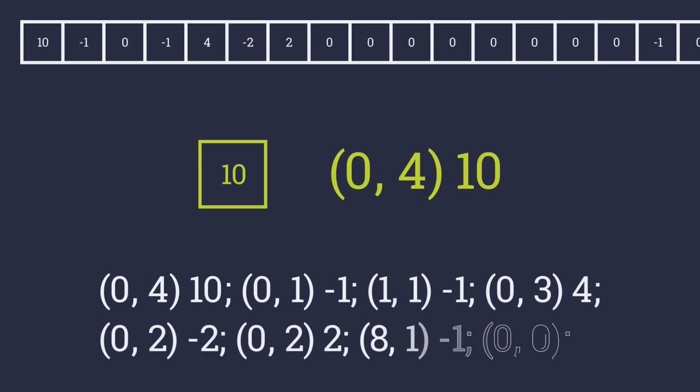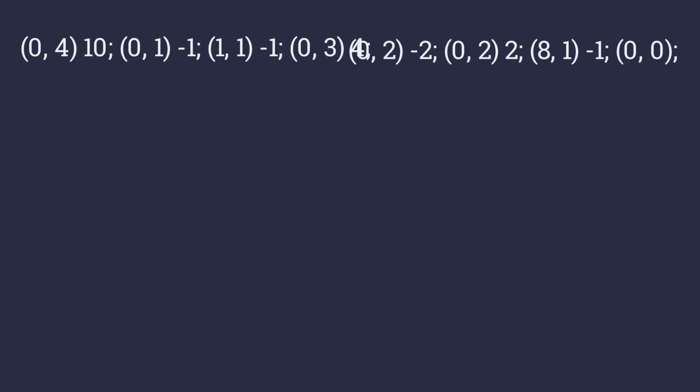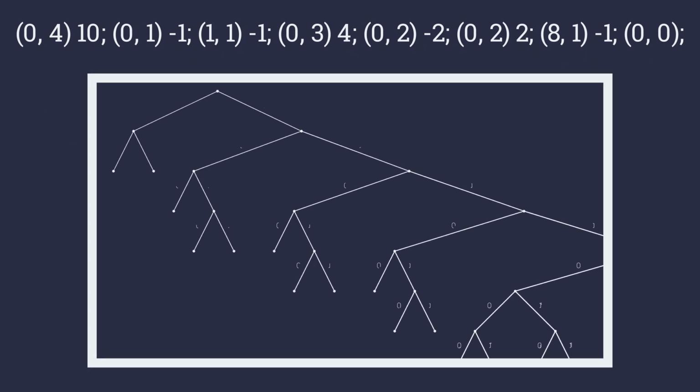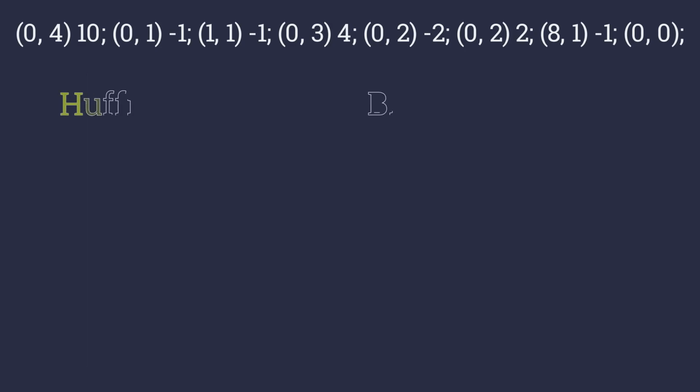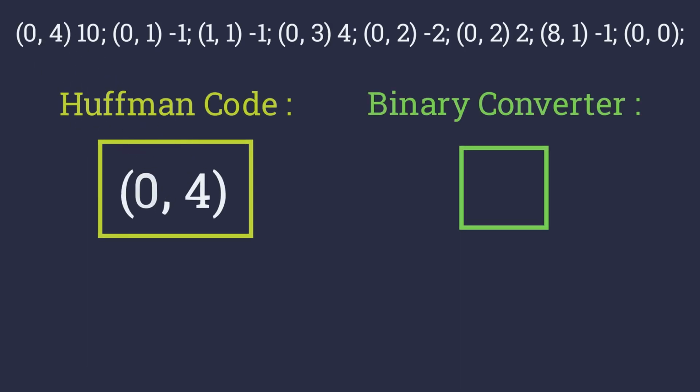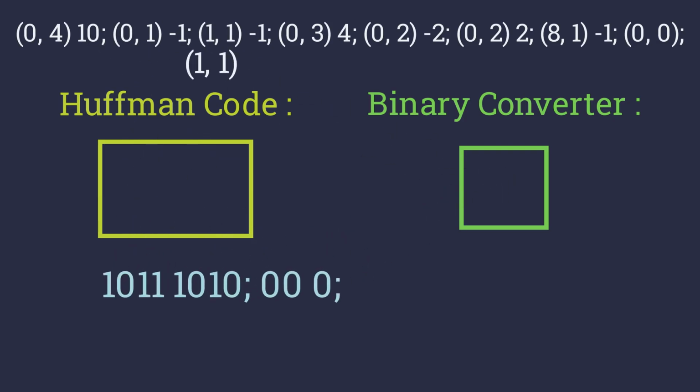Now we convert this into binary representation using, you guessed it, the Huffman coding. You can find such a table with all the possible code values in any implementation of a JPEG algorithm. Huffman encoding along with the coefficient binary conversion gives us this sequence.